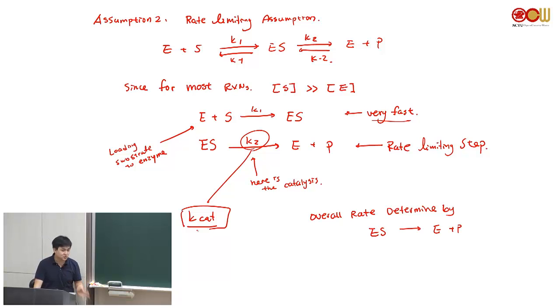So we're just going to assume that the rate limiting step is to convert the ES complex to E + P. Diffusion you don't have to worry about; that's just faster than your enzyme. Now, we have the last assumption, assumption number 3, which is we're looking at a steady state.